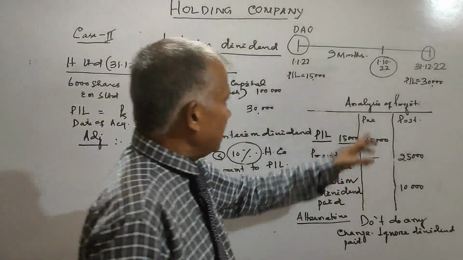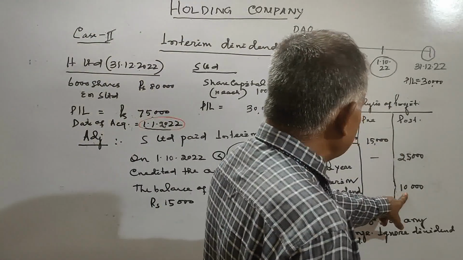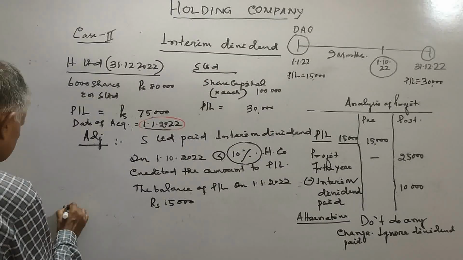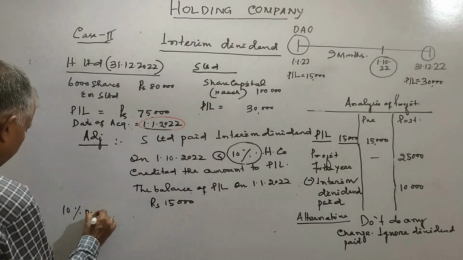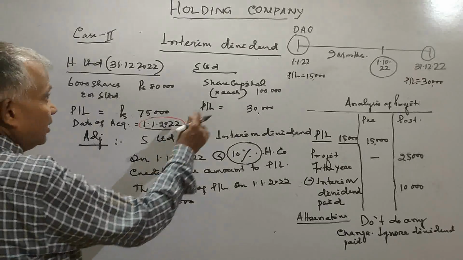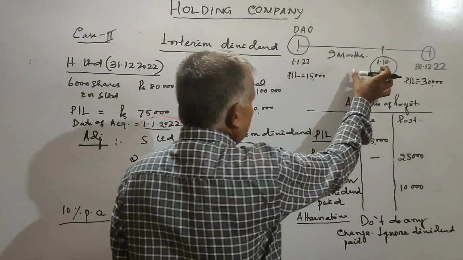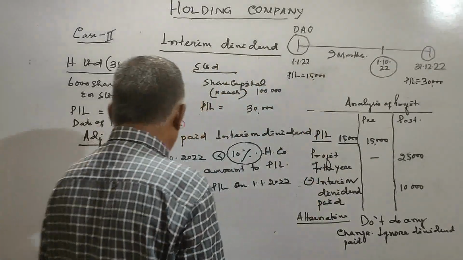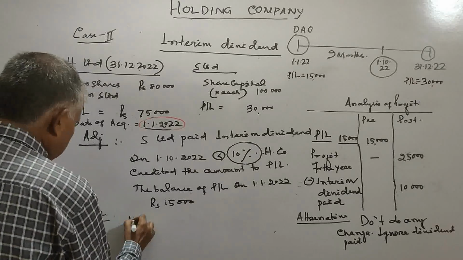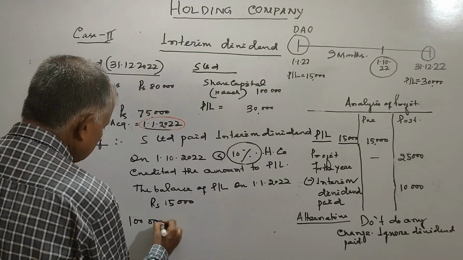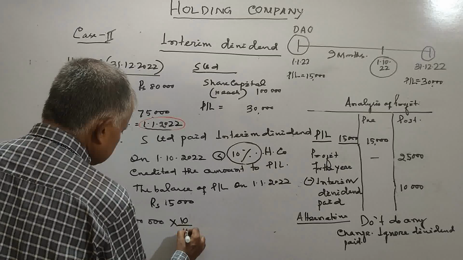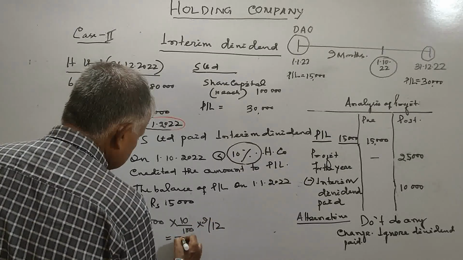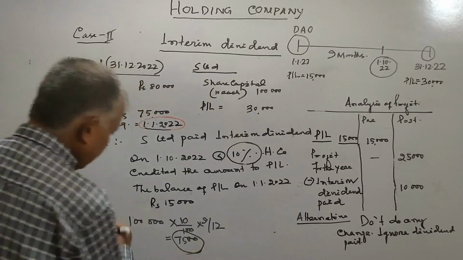Anyhow, I have given you 10% only, so the total dividend would be 10,000. If it is 10% per annum, then the total dividend would be 7,500. How to calculate? We have to calculate from the beginning of the year to the date of payment of dividend, that is your 9 months. So 9 months, 1 lakh into 10% into 9 months, it is 7,500.